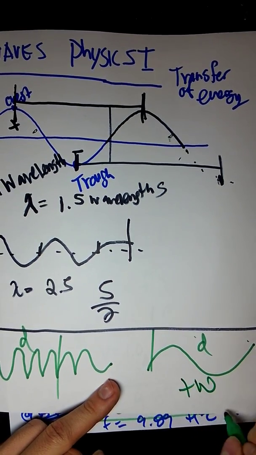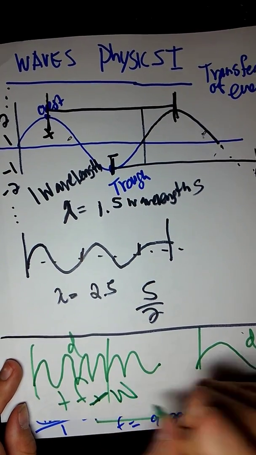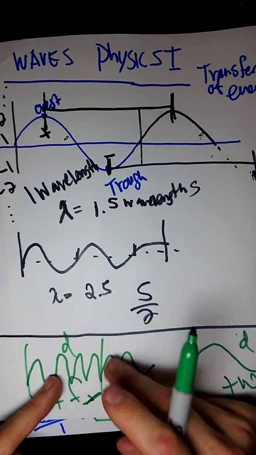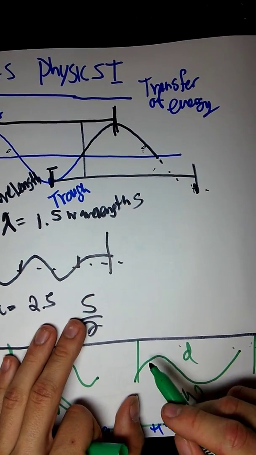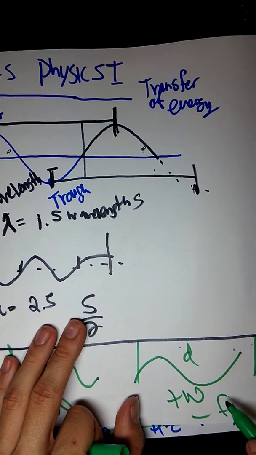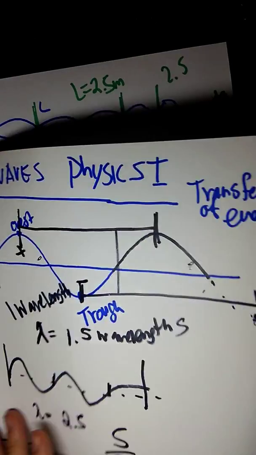So I have a greater wavelength, smaller frequency, or greater frequency, smaller wavelength. So in this case, if I pull it tighter, I'm going to lose loops, which decreases the frequency.